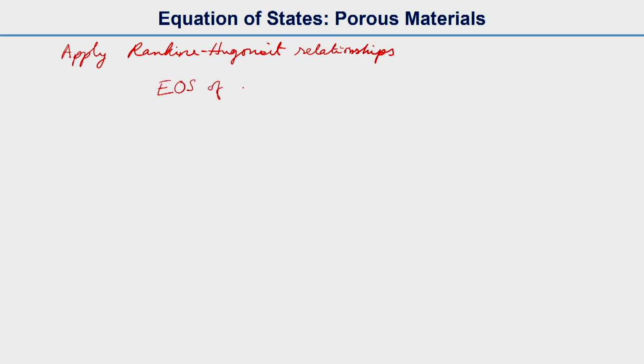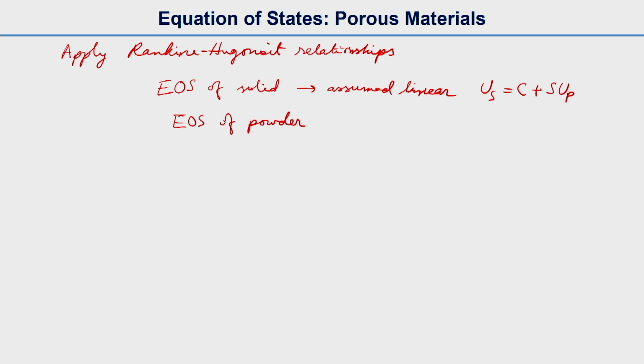US of the solid, let's say we assumed linear, that means US equal to C plus S UP. And then US of the powder, that is the porous material, is not known.